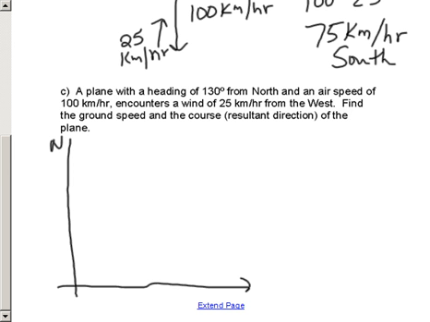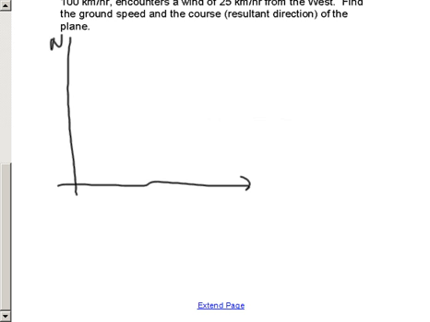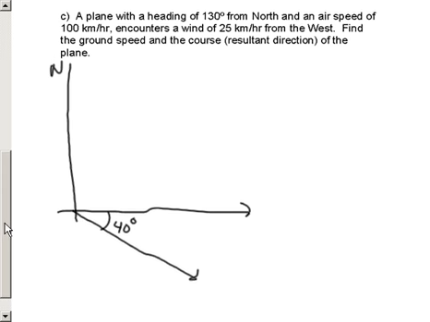Okay, so a plane with a heading of 130 degrees from north. So if it's 130 degrees from north, where am I at? Good. You're 40 degrees from the x. Good. And what's the speed? Still 100, right?